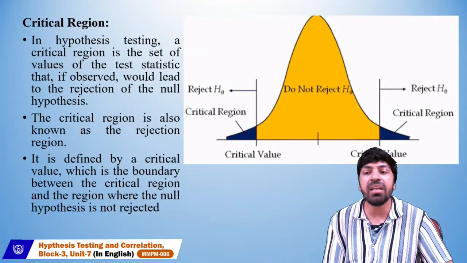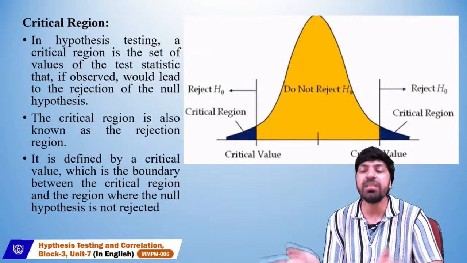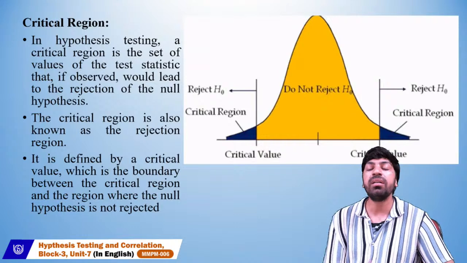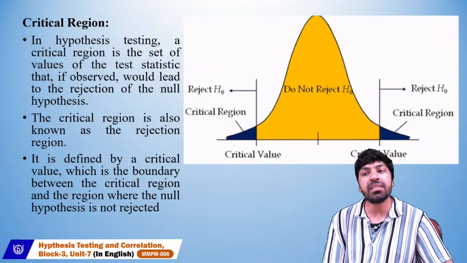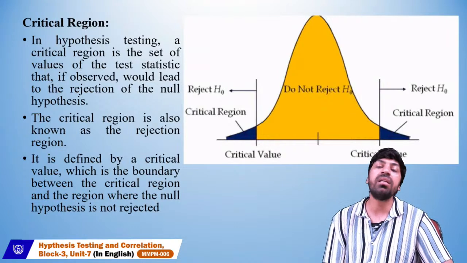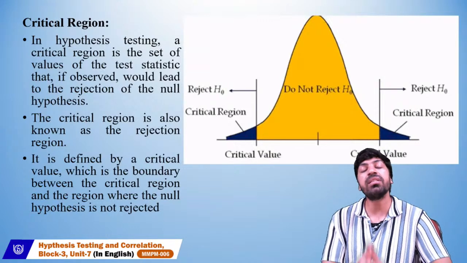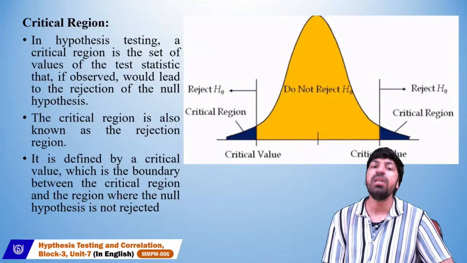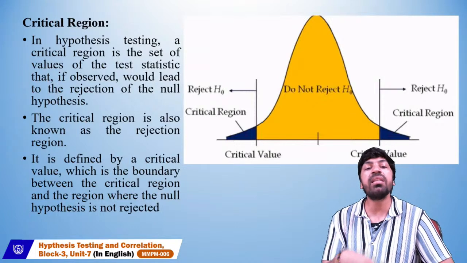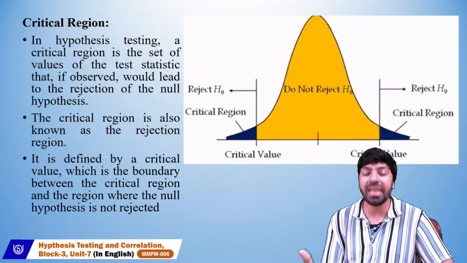If a value is nearest to the x-axis, it will reject the null hypothesis, and if it is not nearest, we do not reject the null hypothesis. The critical region is in other words called the rejection area.